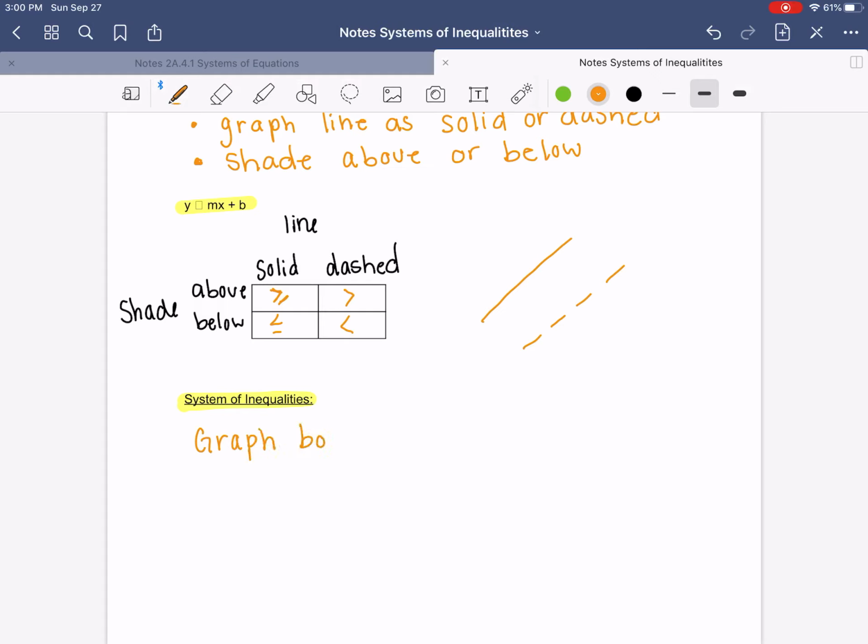Graph both inequalities on the same plane. Solutions: there's going to be infinite many possibilities. Solutions are where the shaded areas overlap.